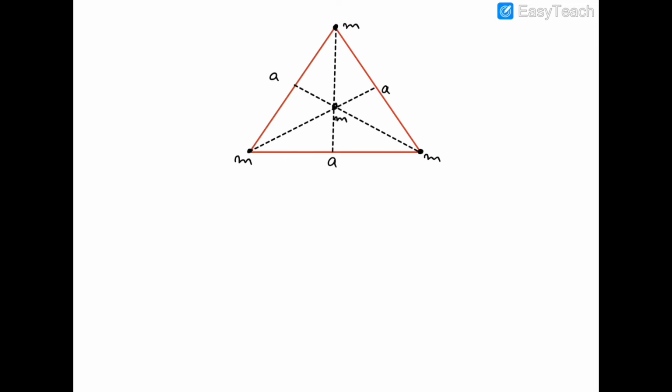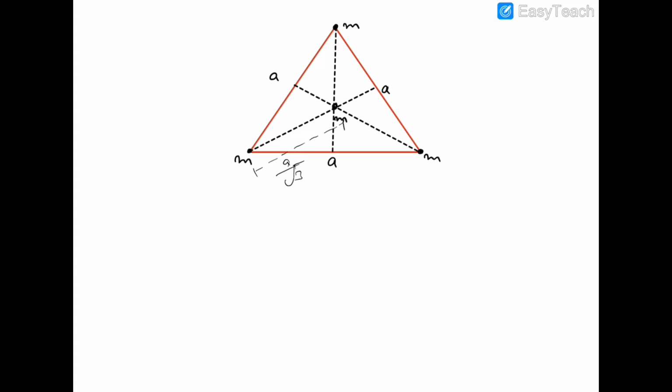In this question, you can see that there are 4 masses, out of which 3 are kept on the corners of an equilateral triangle and one of them is kept at the centroid. So the side of the equilateral triangle is a, and this distance we all know is equal to a by root 3.